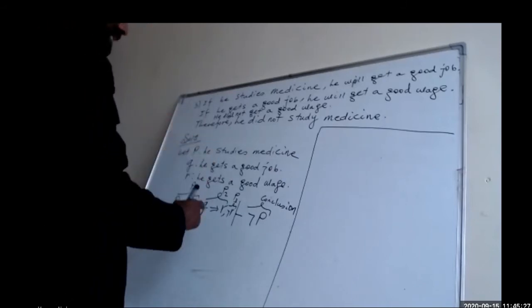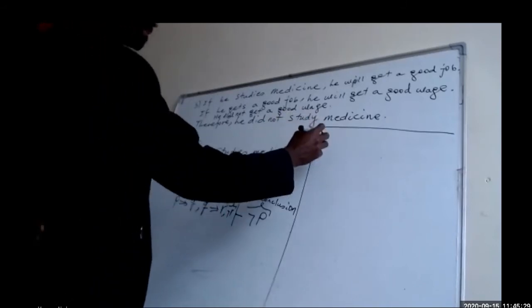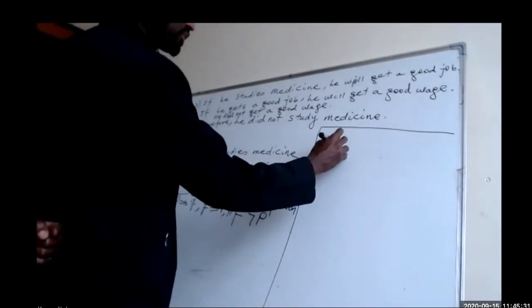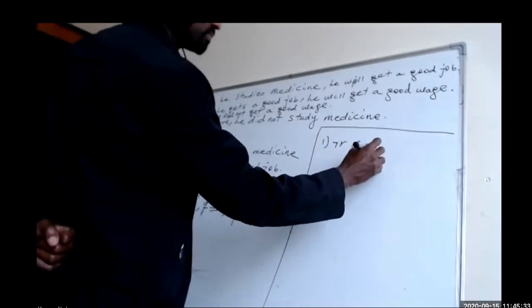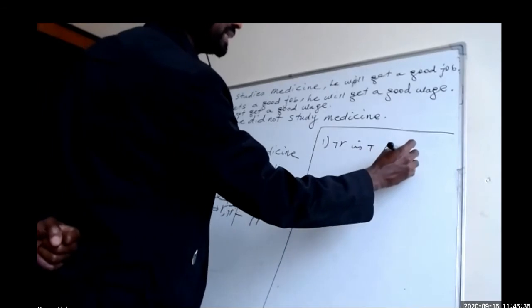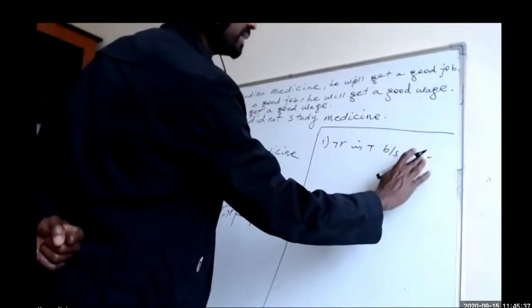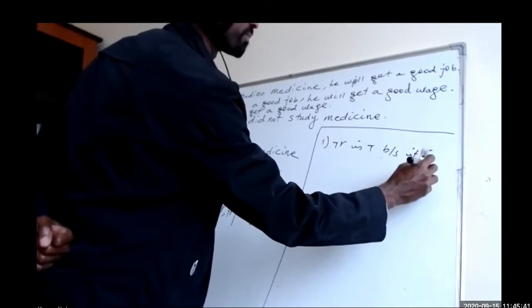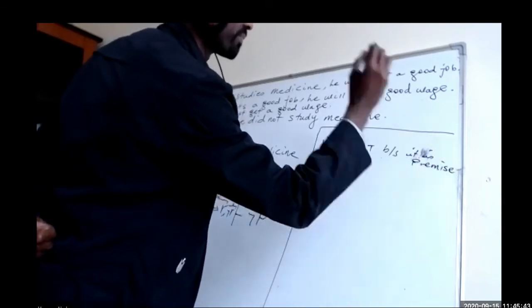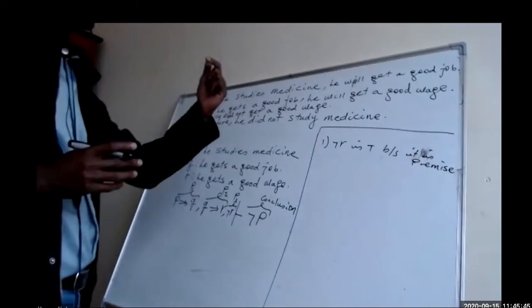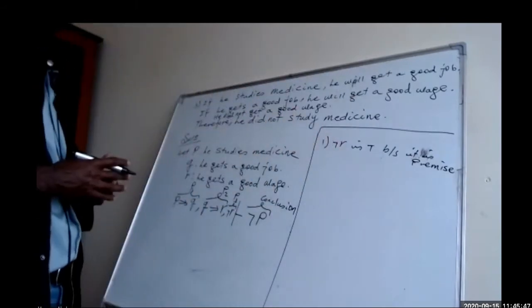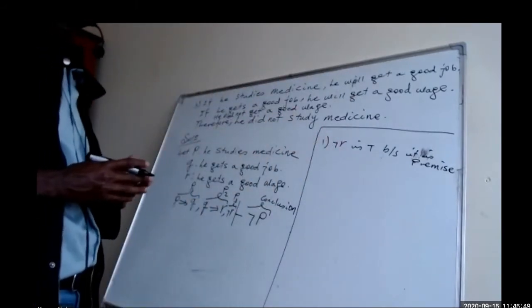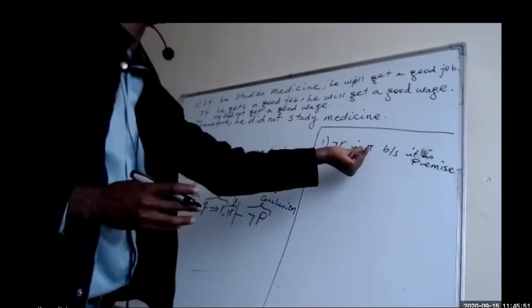method. So let us start from the third premise. Number 1, negation of R is true because it is a premise. If something is considered as a premise, we have a guarantee to say its truth value is true.